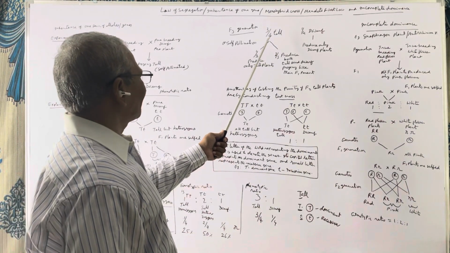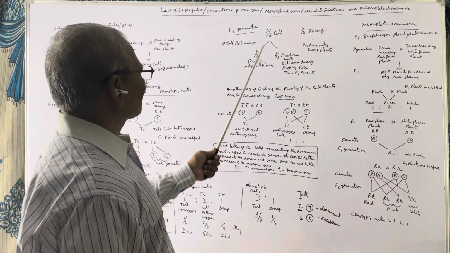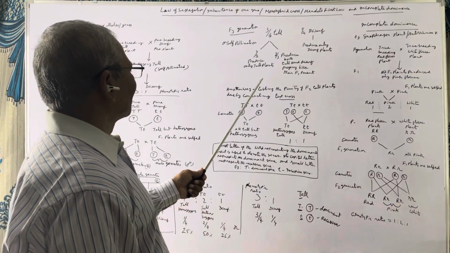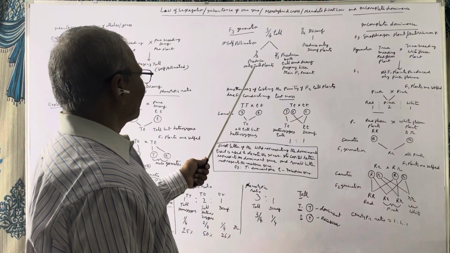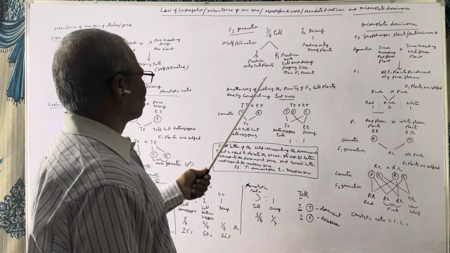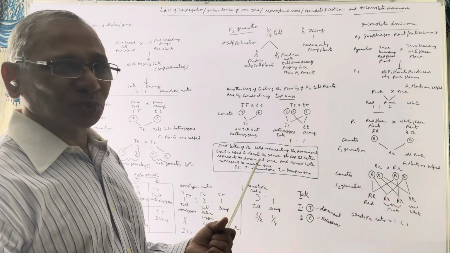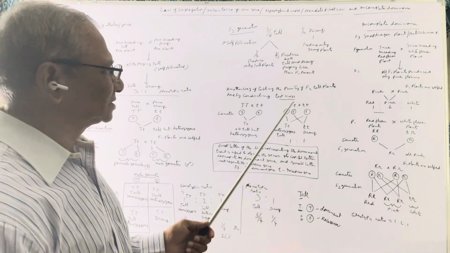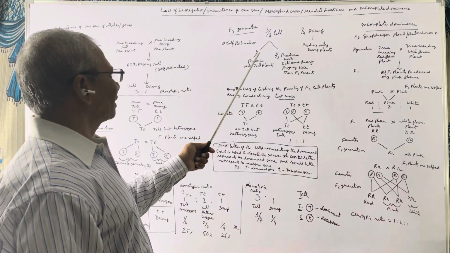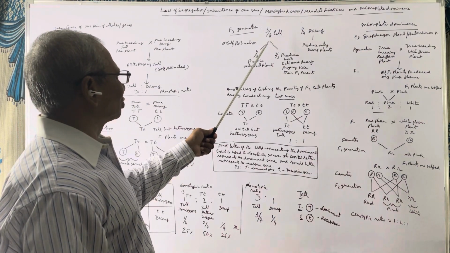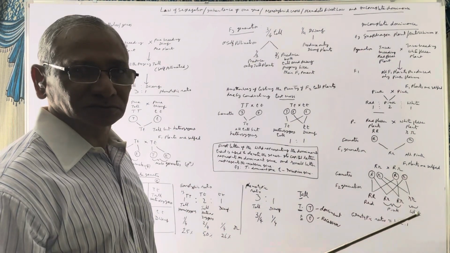When he allowed all the tall plants to self-pollinate, among their progeny, 1/3 produced only pure tall plants. That means generation after generation, 1/3 of these plants produced only tall plants.